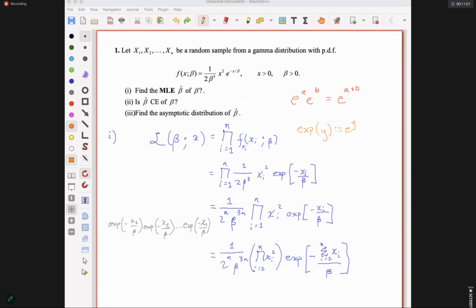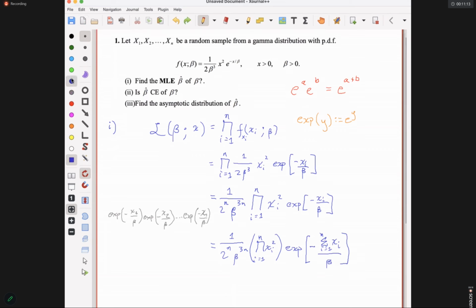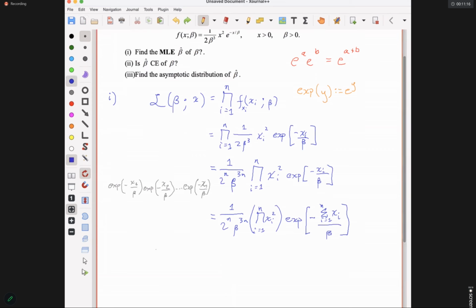Yeah, so this is all that we can do before taking the log. So we'll move on to the logarithm of this. And we got that the log likelihood of beta given x, which is just the log of the likelihood function that we have right here, is equal to, if I take the logarithm of this thing, how does that start to break down?